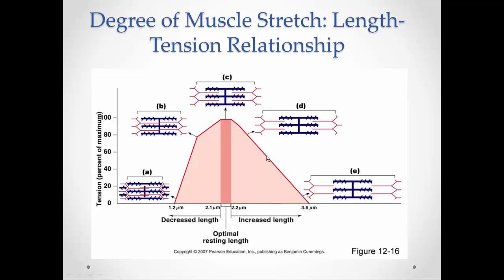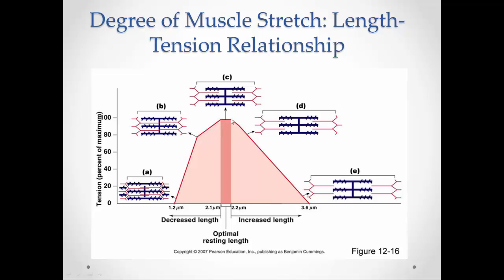If I stretch the muscle out, now notice some of the myosin heads aren't even touching any of the actin. So they can't form cross bridges. There's no actin above them to bind with. So you're going to get less and less contraction. So again, if the muscle is too long, I've overstretched it, I get poor muscle contraction. If it's too short or squeezed together, then I get poor contraction.